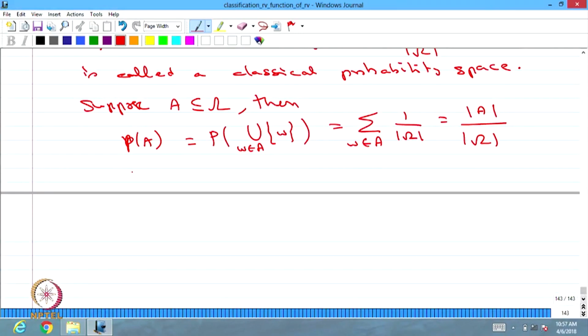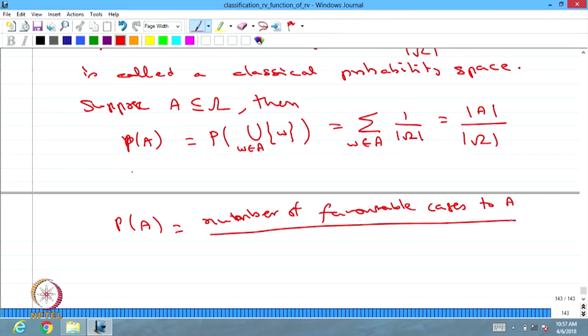In other words, P of A is nothing but the number of favorable cases to the event A divided by the number of possible cases.